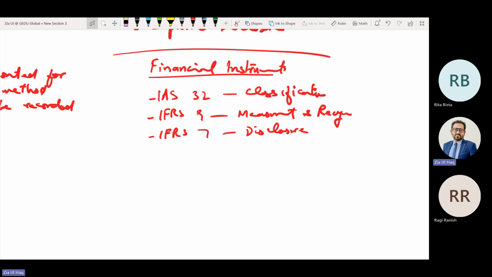The hedge are of two types: fair value hedge and cash flow hedge.